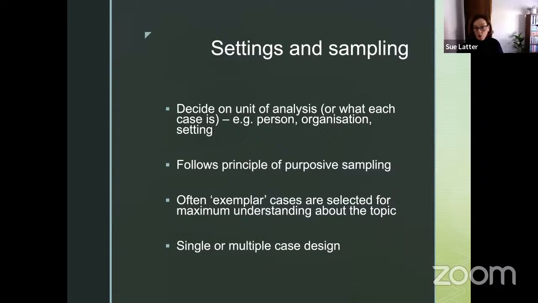You can go for exemplar cases or atypical cases that are known to be good at something. They're shining stars, because you're going to get rich information about what's made something work in that setting. Why is this so successful?